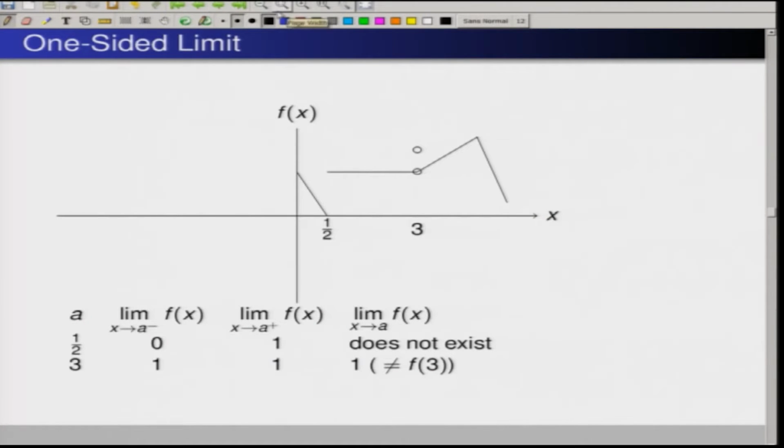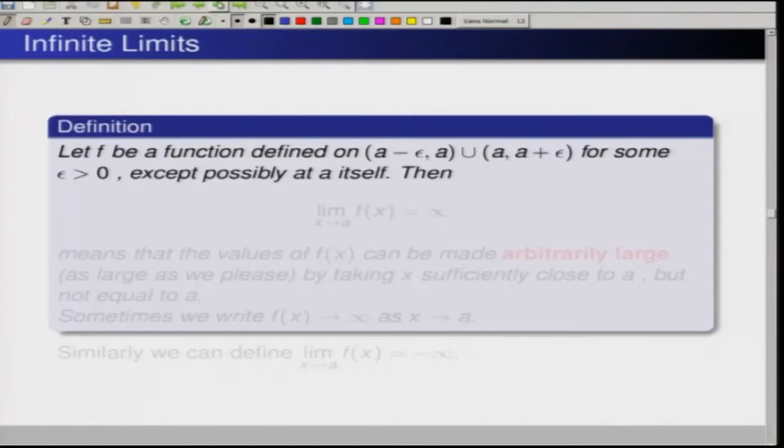So, here there are two issues. One is that if the limit exists, the left hand limit and right hand limit should exist and they must be equal. The other is that it is not necessarily true that the limit of f of x as x goes to a is equal to f of a, because f of a can be defined in a different way.